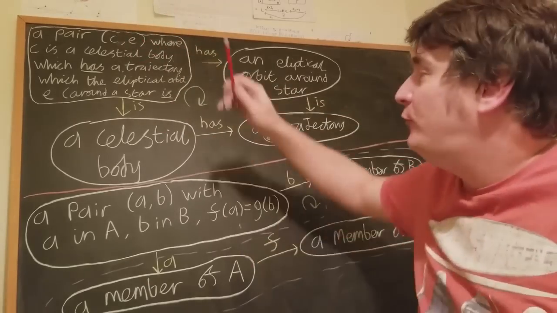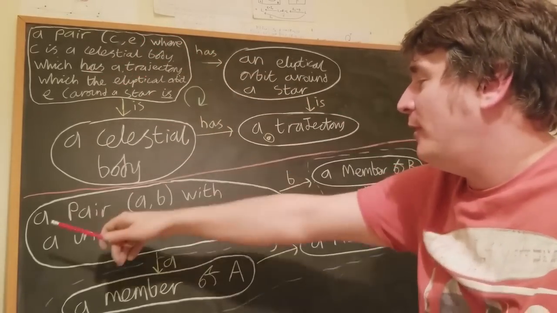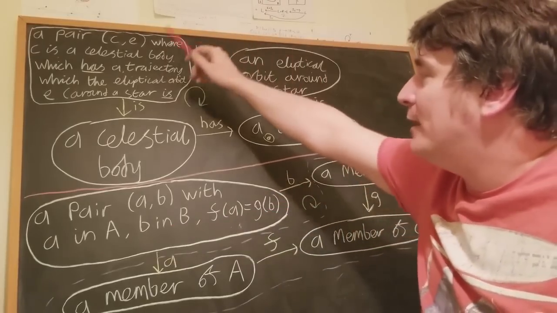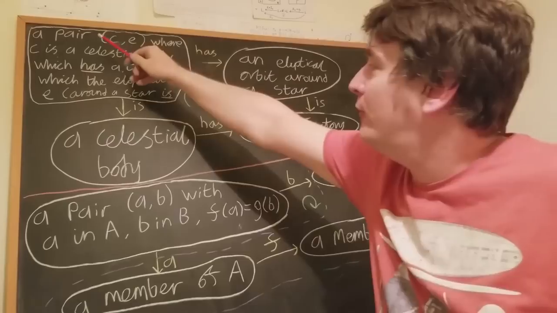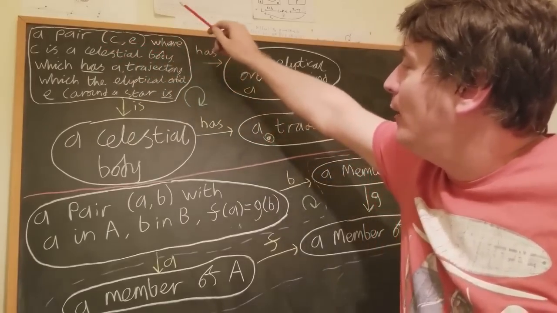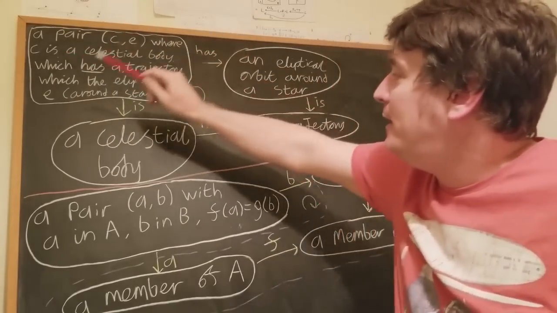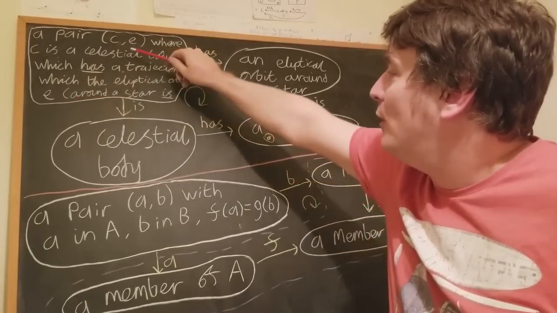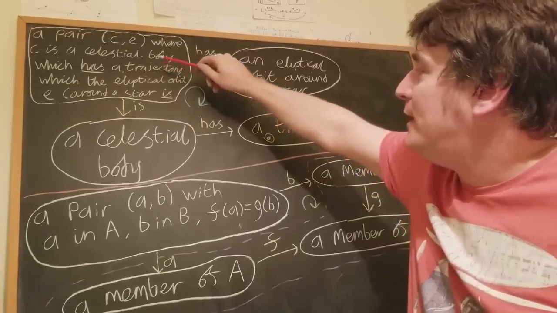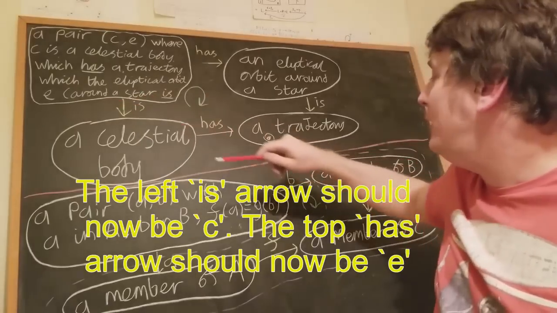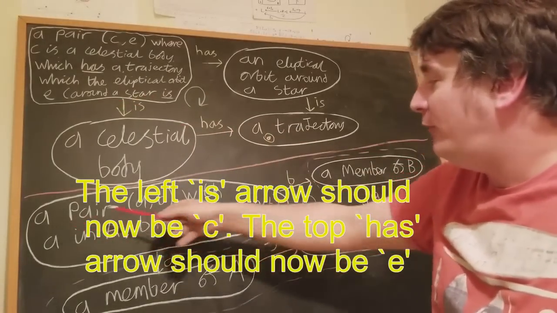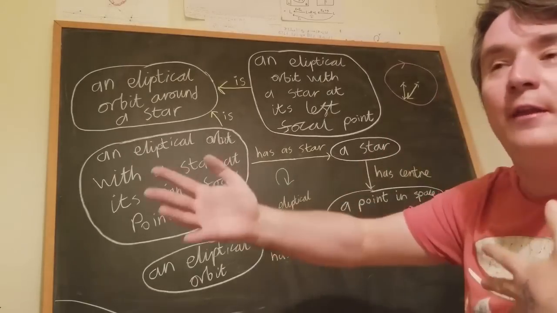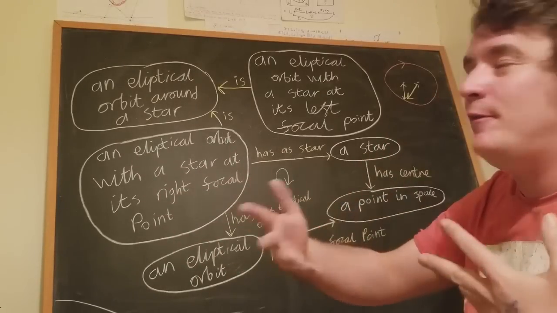All I've done here is rewrite this pullback object in this more mathematical language. So instead of saying a planet here, I'm now saying this is a pair, (C, E), where C is a celestial body and E is an elliptical orbit around a star, and the celestial body has the same trajectory as the elliptical orbit around the star is. Hopefully you can see that this corresponds to this form. Okay, so let's go deeper into this seemingly trivial definition of a planet.